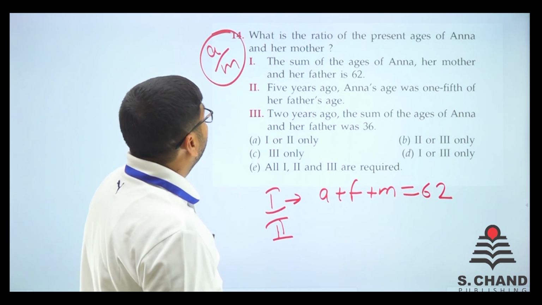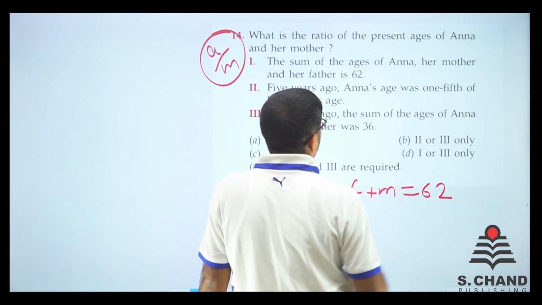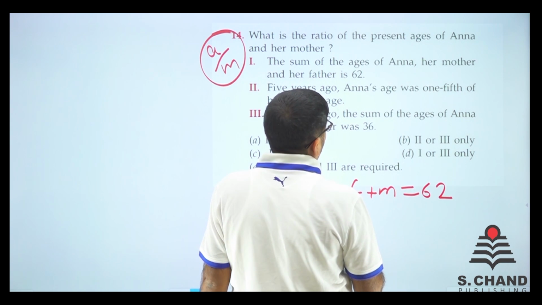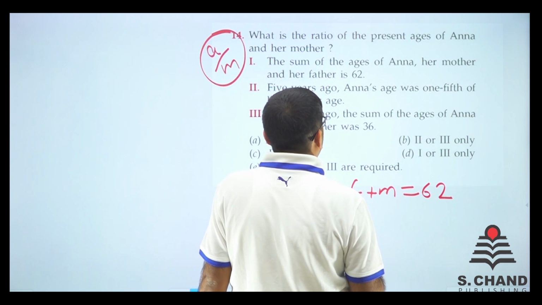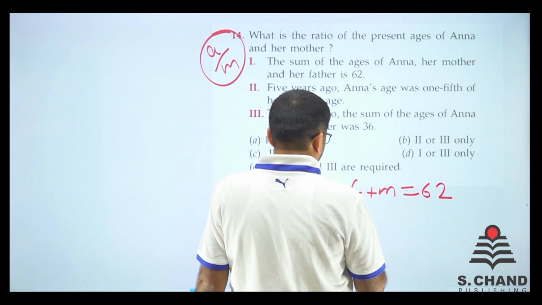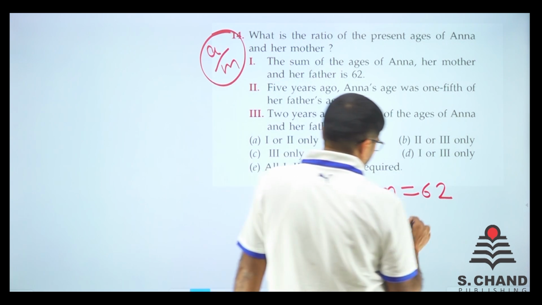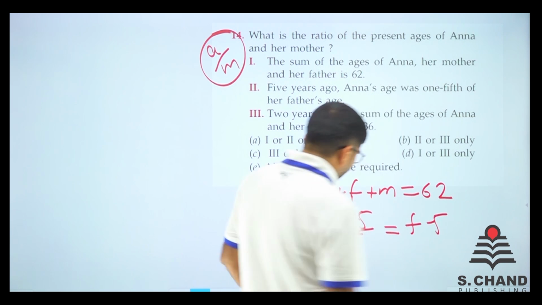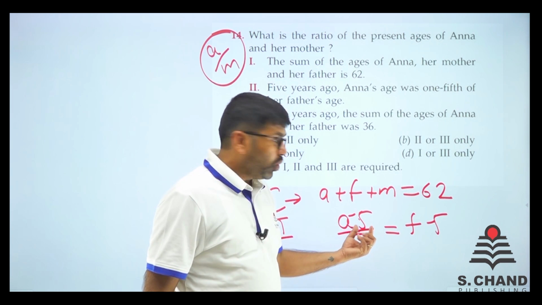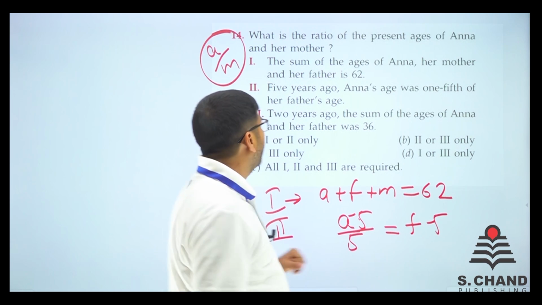Second says 5 years ago Anna's age was 1/5 of her father's age. Anna's age 5 years ago was 1/5 of her father's age, F minus 5. So Anna's age minus 5 over father's age minus 5 is 1 by 5.